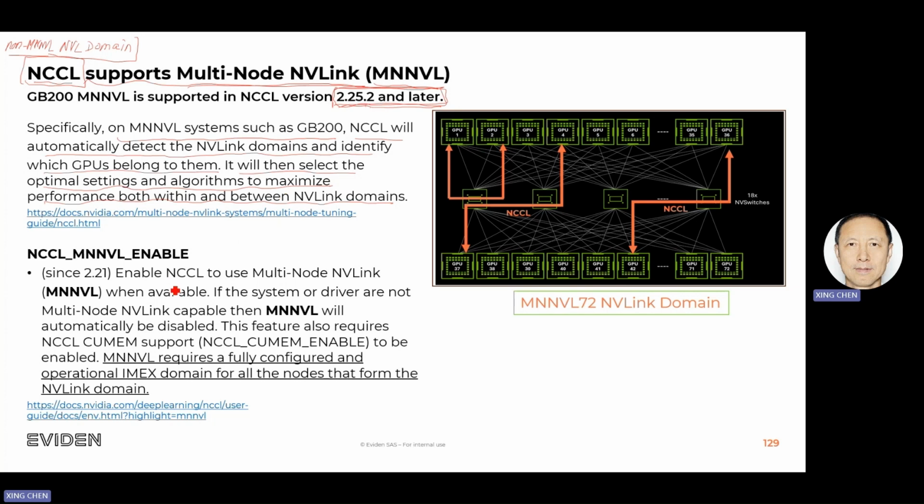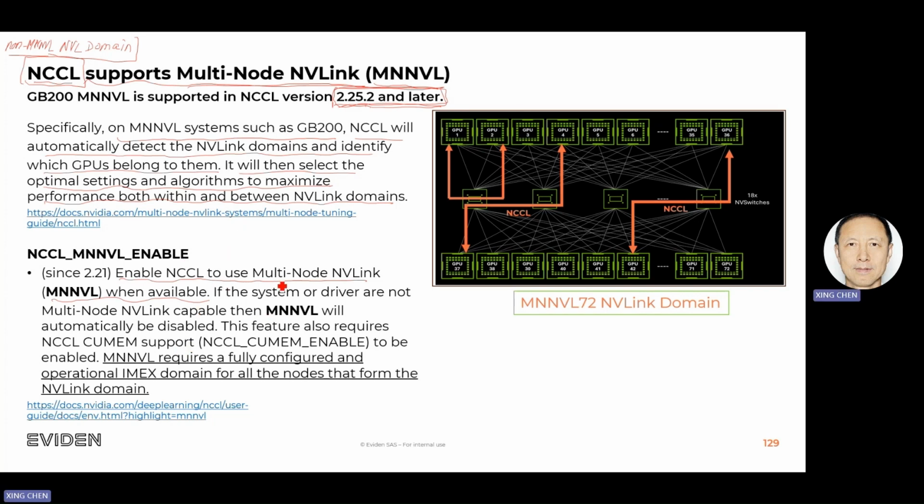Okay, but since version 2.21, it suggested that whenever you set up your NCCL environment, it's better to enable NCCL to use multi-node NVLink, MNVL, if available. If the system or driver are not multi-node NVLink capable, then MNVL will automatically be disabled. You have no trouble. If it works, it works. If it doesn't work, it will be disabled. You won't have any trouble.